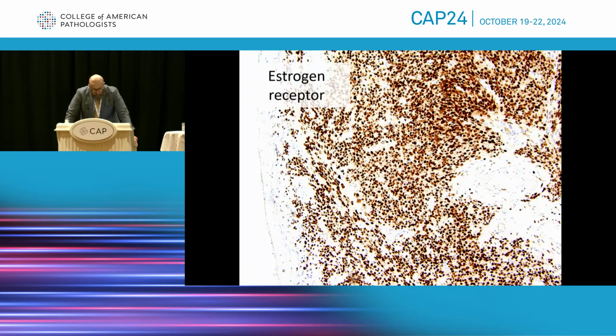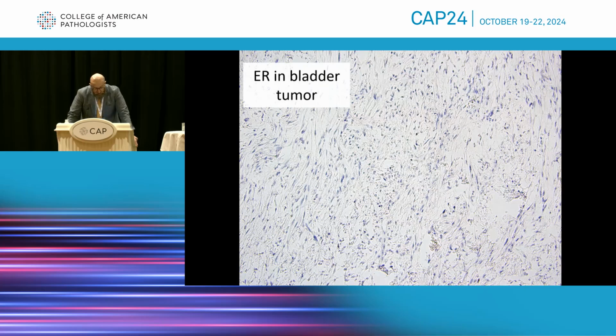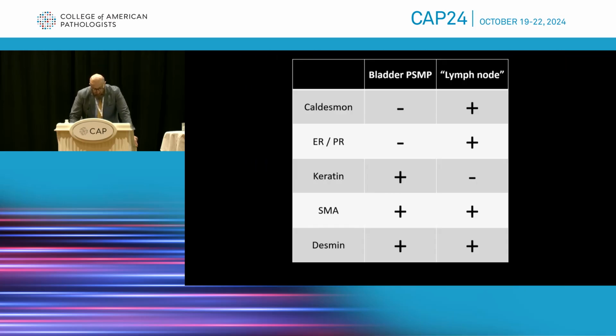And we have a diffuse estrogen receptor staining in this lesion. That had not yet been done on the bladder tumor, but going back to the bladder tumor, estrogen receptor is negative. And so actually, I was able to get out of my panic and decided that this lesion that was thought to be a lymph node is actually probably a gynecologic type leiomyoma.